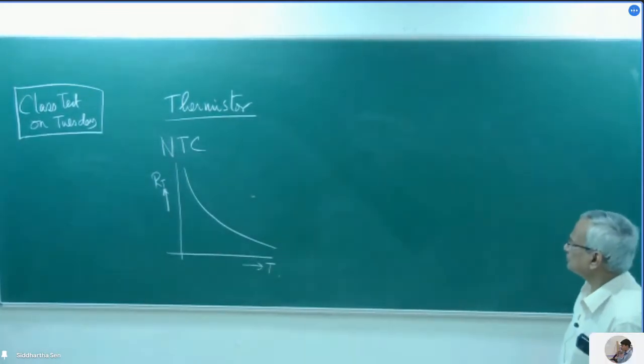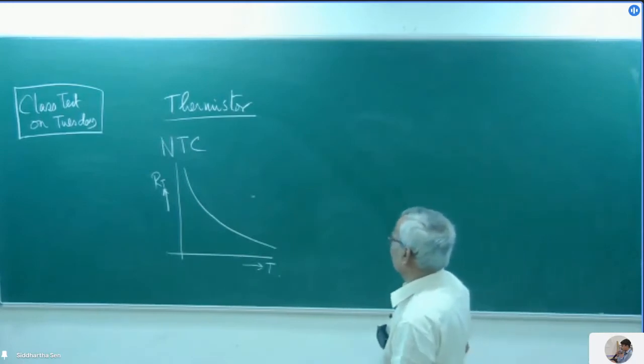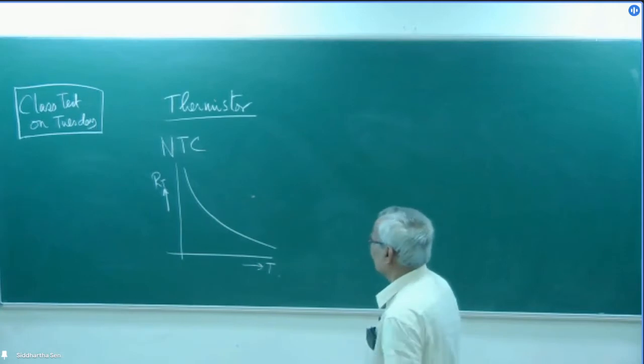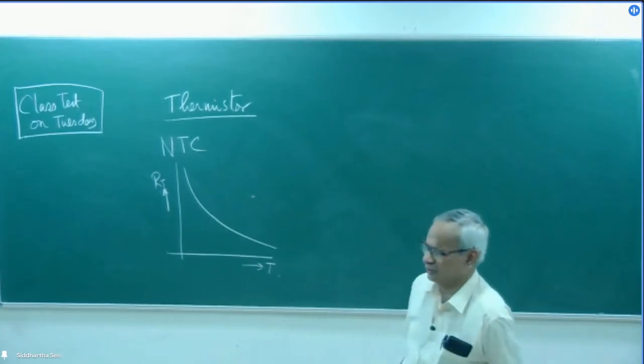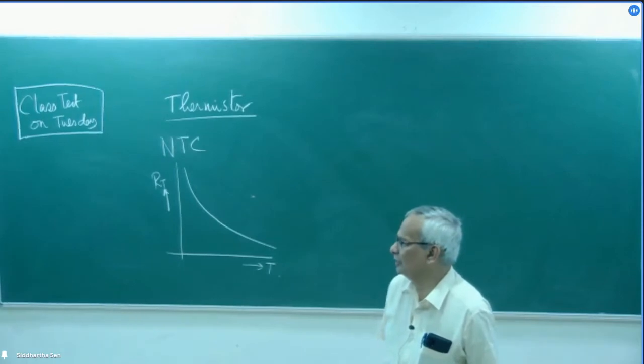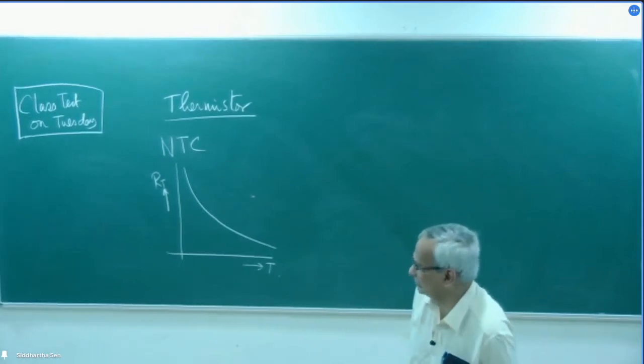And these are all metal oxides. They have the advantage that they are fast and very small in size, but the major disadvantage is the non-linearity in the characteristics.